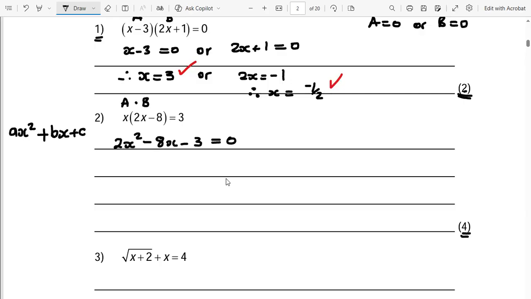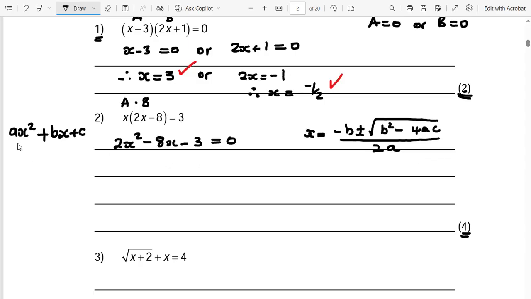quadratic formula. Please make sure that you write down your quadratic formula, which says x is equal to minus b plus or minus the square root of b squared minus 4ac, and everything is divided by 2a. So this is the quadratic formula. Now, by writing this, okay, so make sure that you sub in correctly.